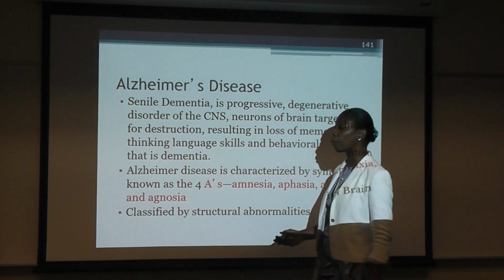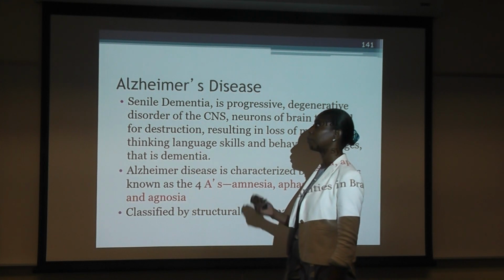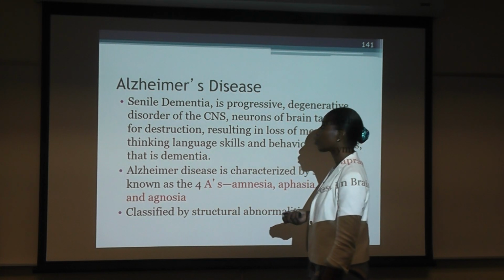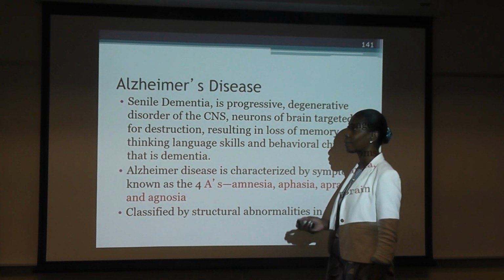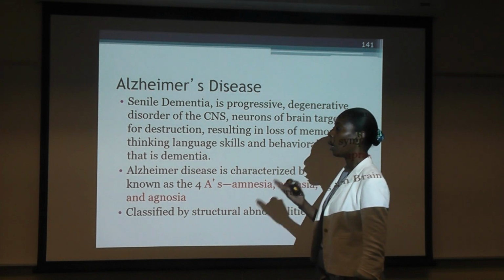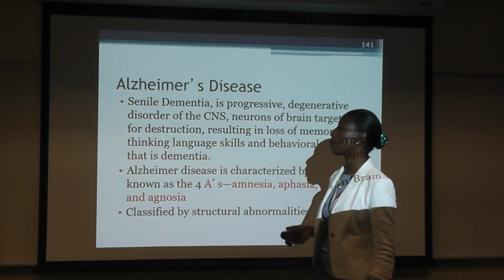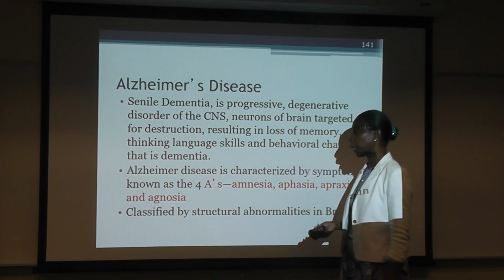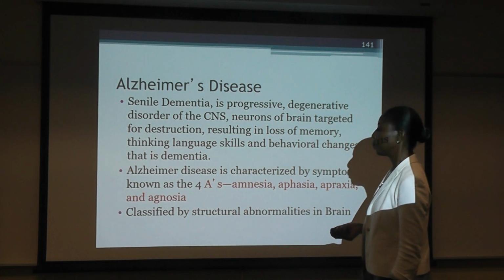You have to do a battery of tests in order to diagnose someone with this, because remember, this is something that's life-changing, and there's no cure for it. You can decrease the symptoms, but there's no cure. Just like Parkinson's, there's no cure.